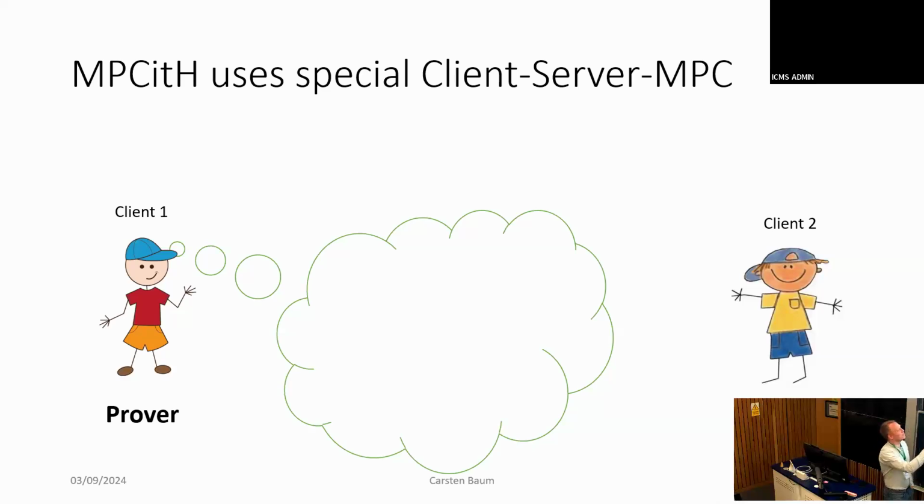You can actually view this, and I introduced this client server model earlier, because instead of putting the parties in the head of the prover, you can look at MPC in the head as a client server multi-party computation, where the prover and the verifier are each one client. The prover is one client, the verifier is the other client.